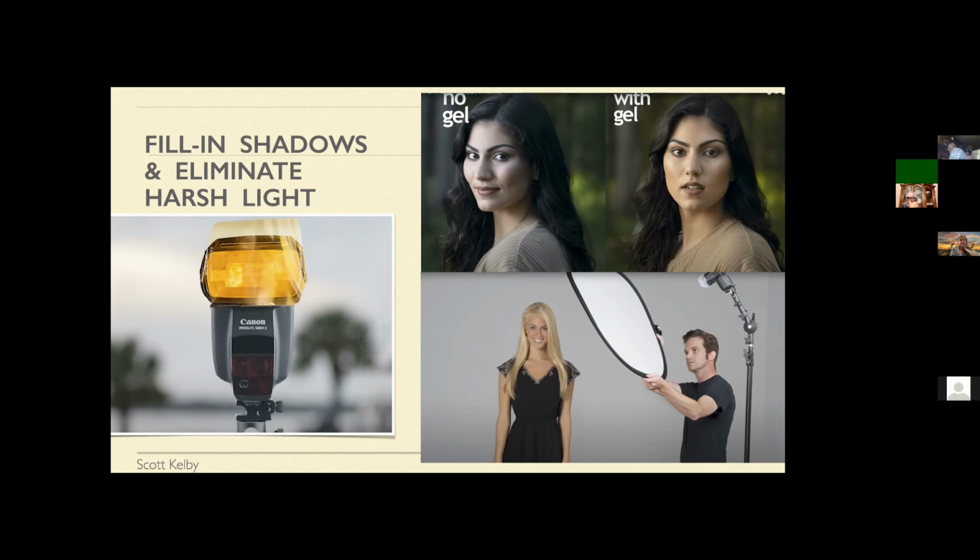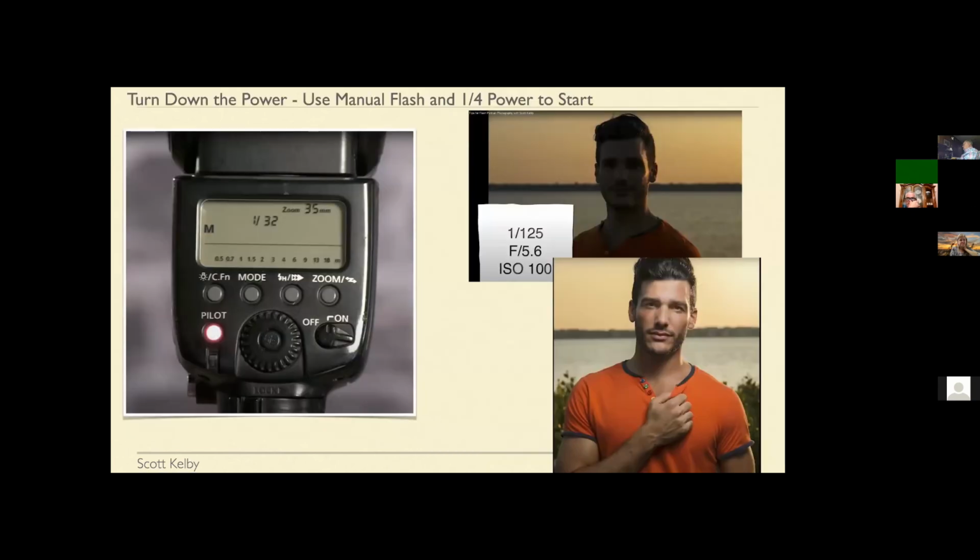In this particular case, they're using a very simple diffuser to create a more diffuse and bigger light source. But if you can get the light away from the camera and slightly higher, it will create a much more natural look.